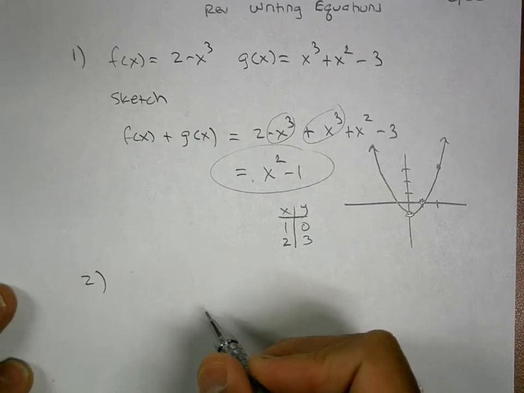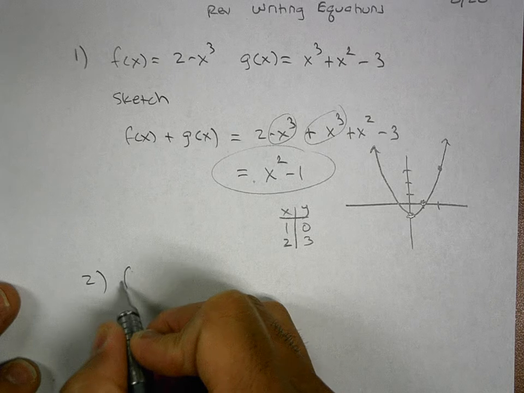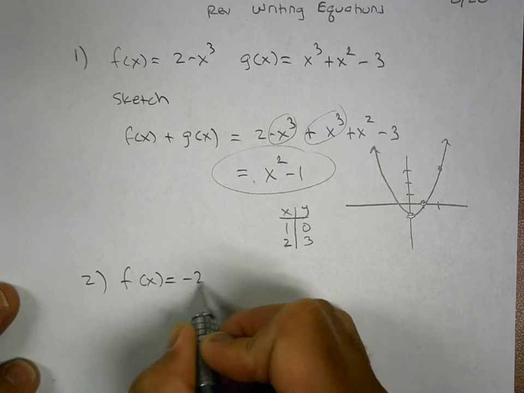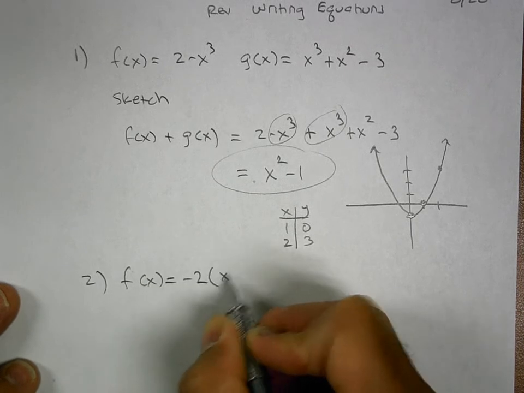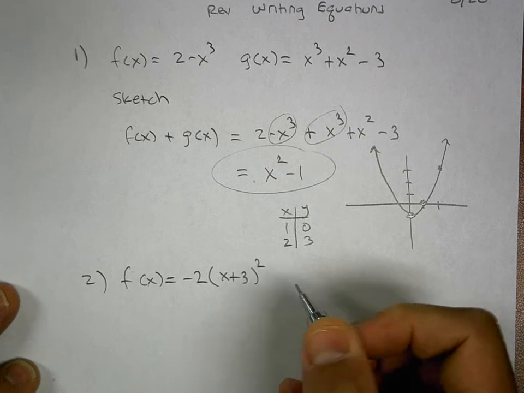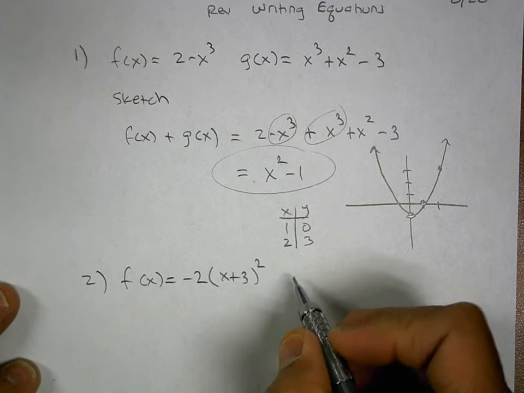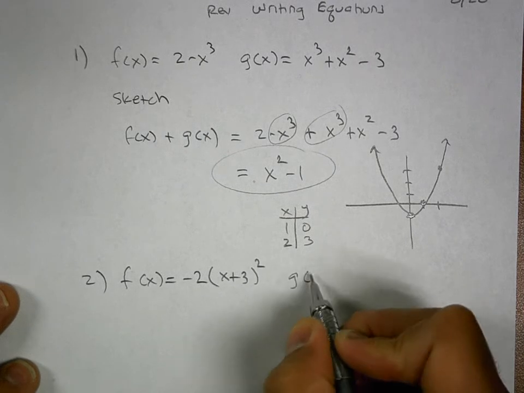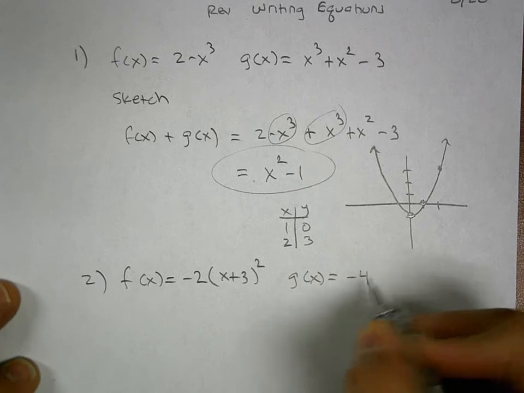Okay, number 2. Let's say we have f of x equals negative 2 times (x plus 3) squared, and g of x equals negative 4.